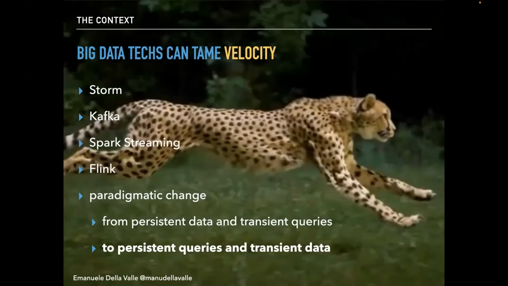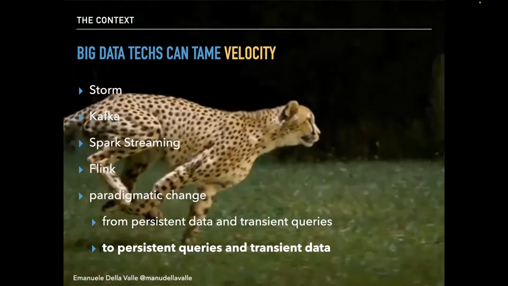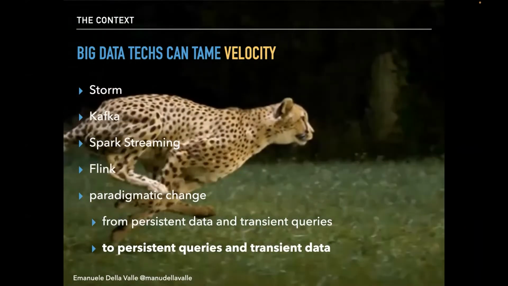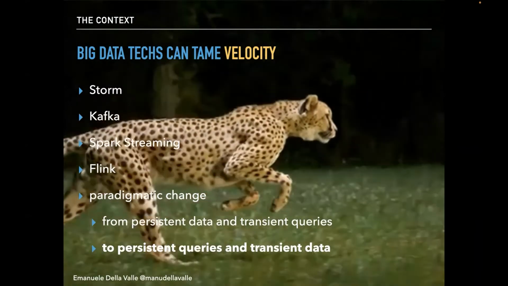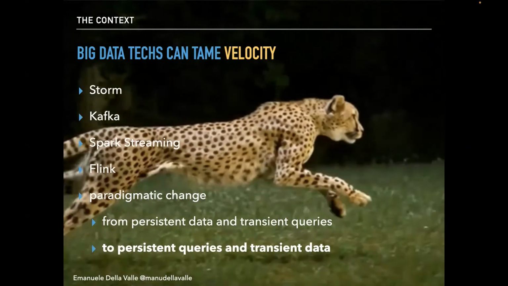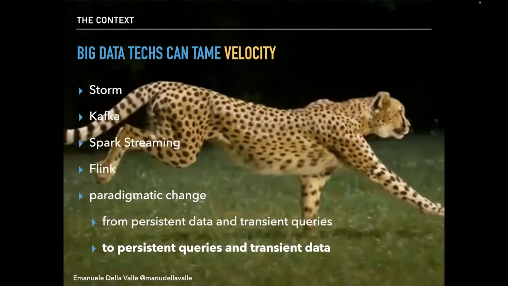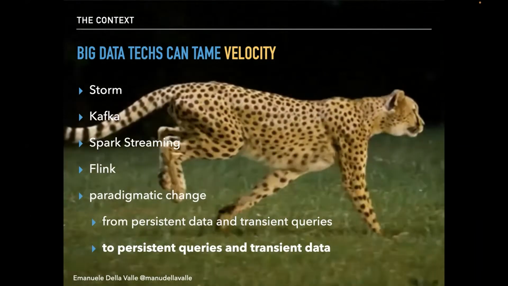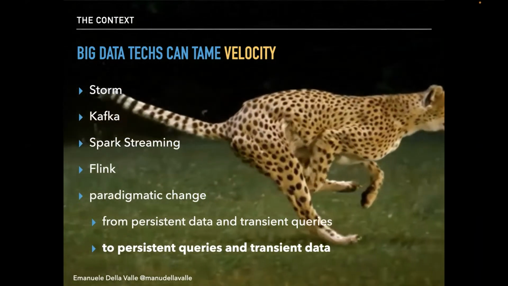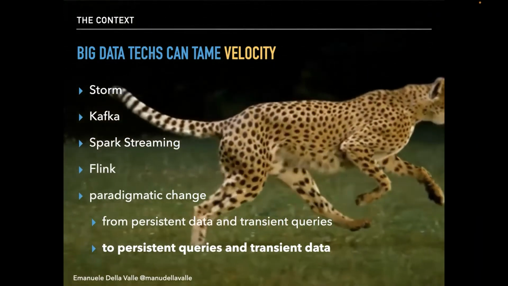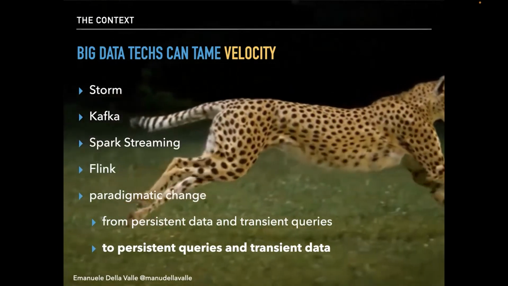We can also tame the so-called velocity dimension thanks to a number of engines that did a very important paradigmatic change from persistent data and transient query, which is what normally you have in any system oriented to historical data, to persistent queries and transient data. And so you register the query in your system, and that is present since the beginning, and then the data will pass through your system.